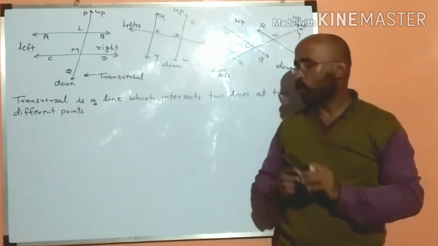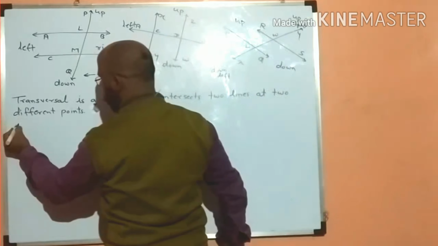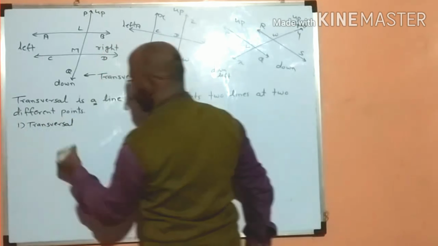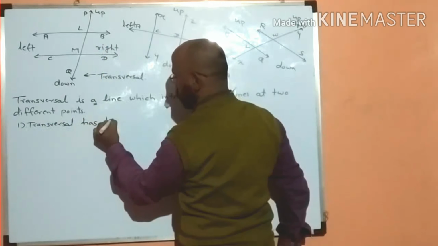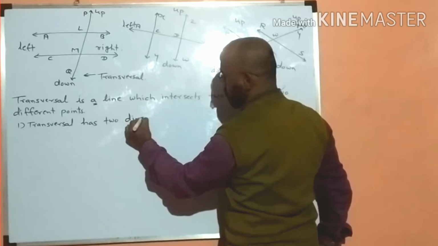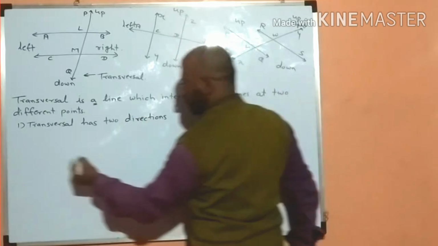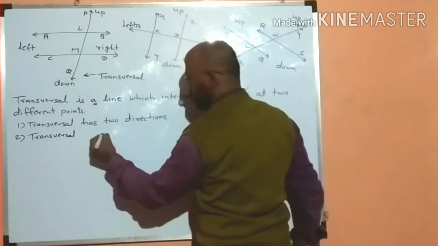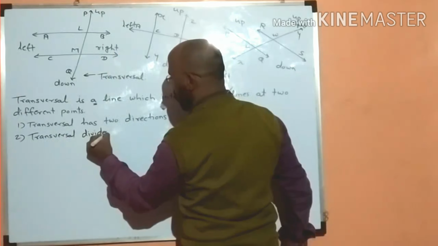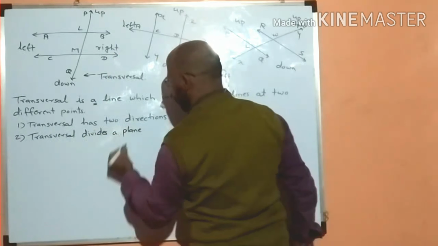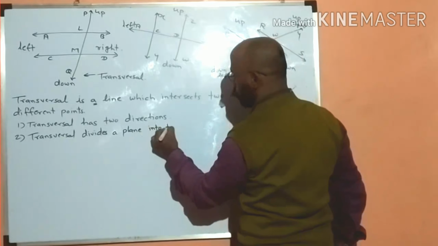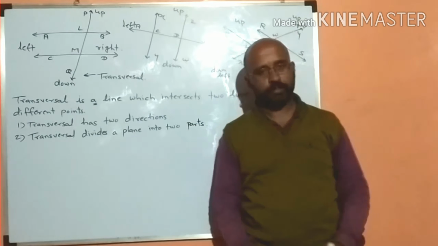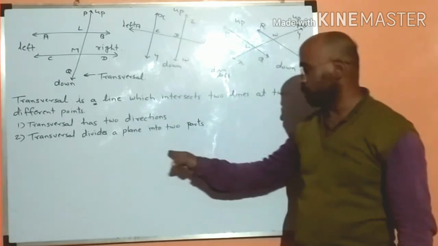Got it students? So about a transversal, important things are: a transversal has two directions, and a transversal divides a plane into two parts.